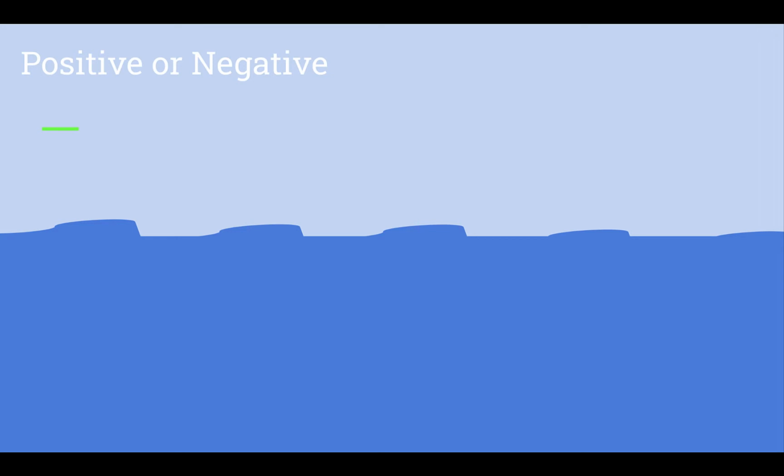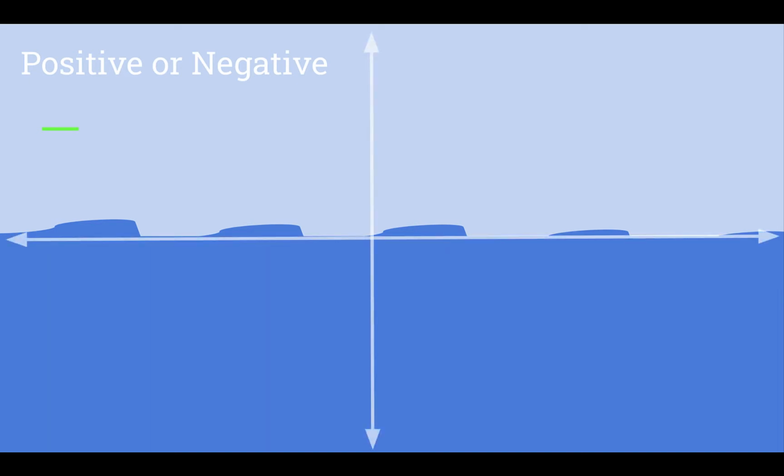Before we look at some examples, let's look at positive or negative in a slightly different context. So here I have the ocean, and on it I'm going to put the axes as if this were a graph. So you can see right now that the surface of the ocean is about where the x-axis is.